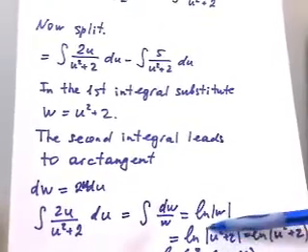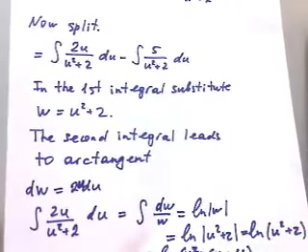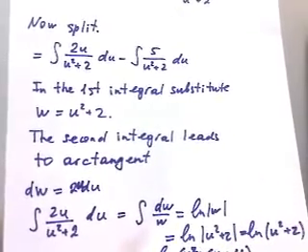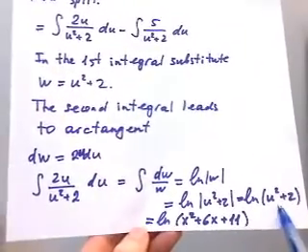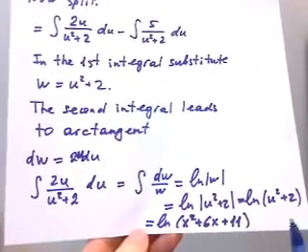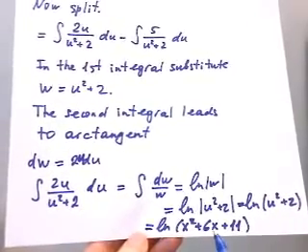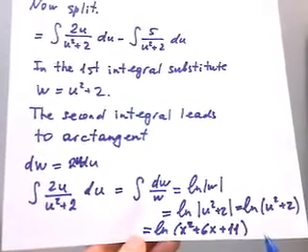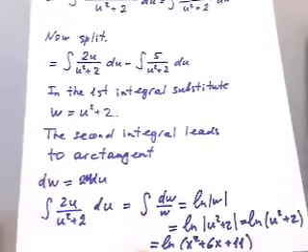We don't actually need to keep the absolute value sign because the expression inside is always positive, so we can replace it with parentheses, although it's not a mistake to keep absolute value here. So the first integral becomes natural logarithm of x squared plus 6x plus 11. Now I don't write plus c because I will write plus c in the end.